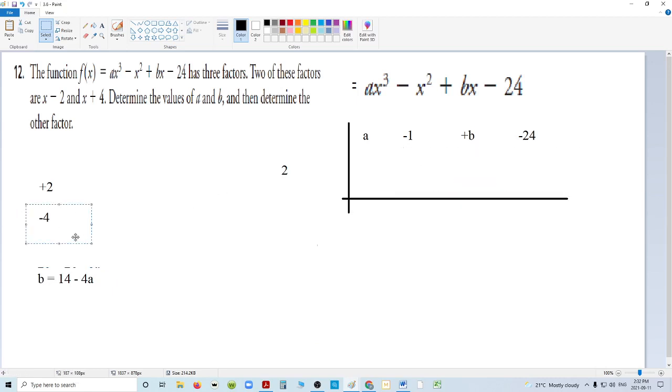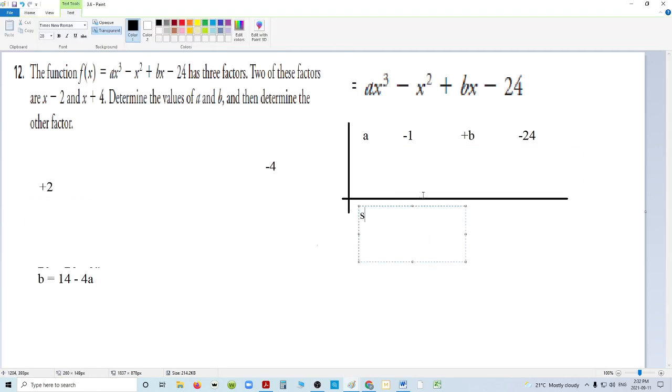The other root is minus 4. We know that the remainder is supposed to be equal to 0 again. So we get a. Minus 4 times a is minus 4a. When we add those together, we get minus 4a minus 1. We get 16a plus 4.